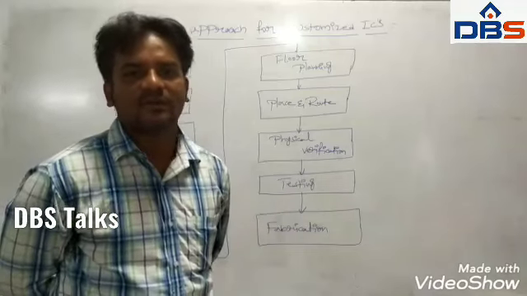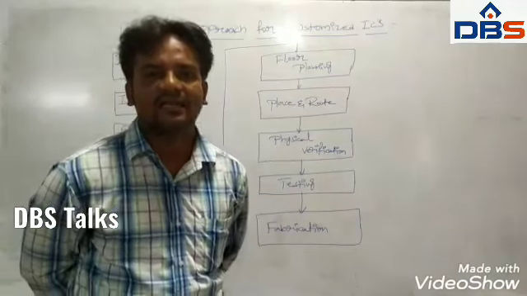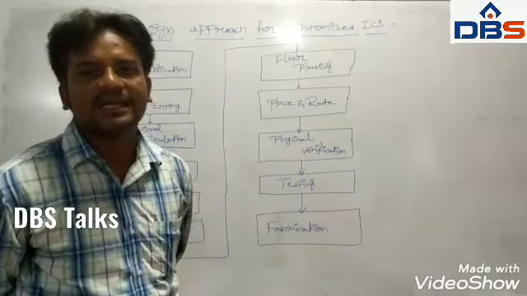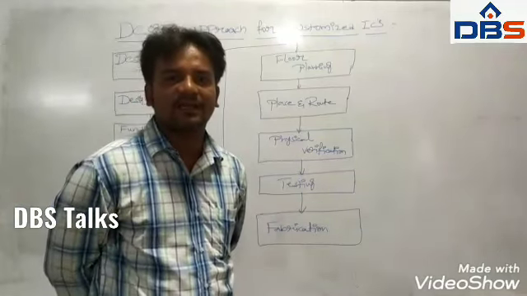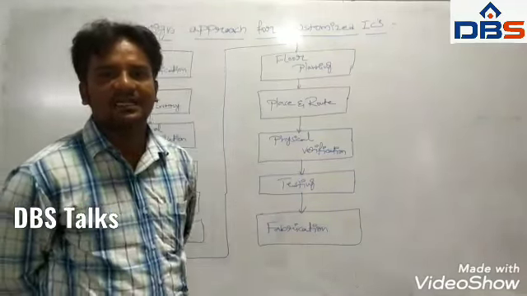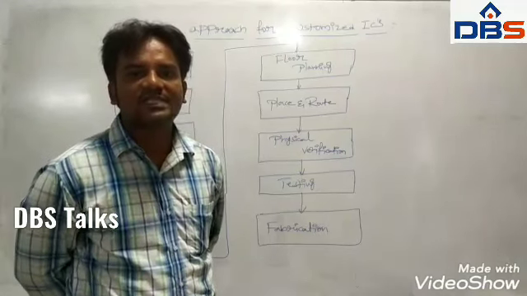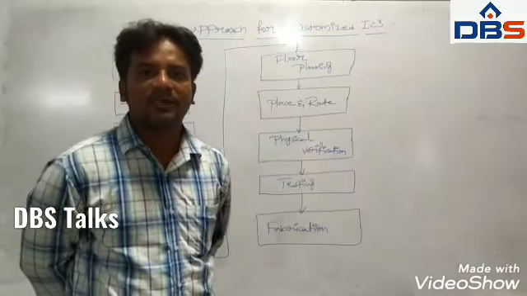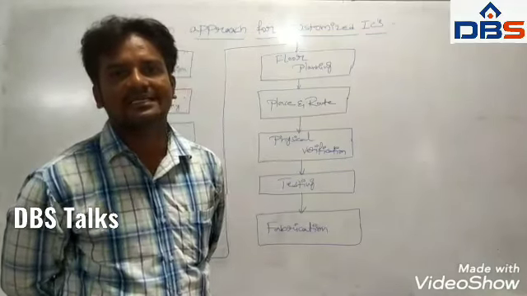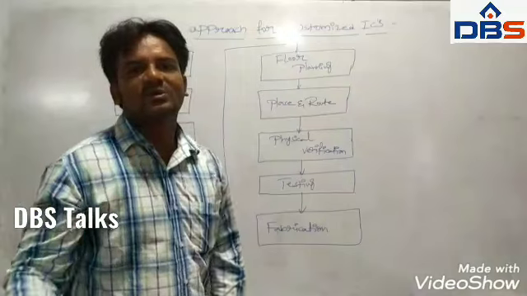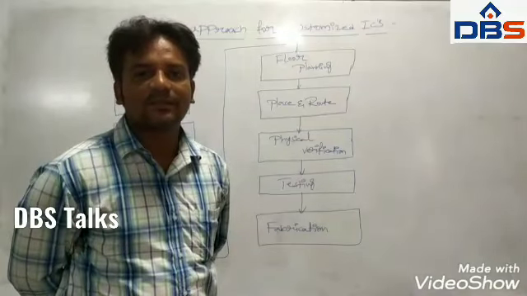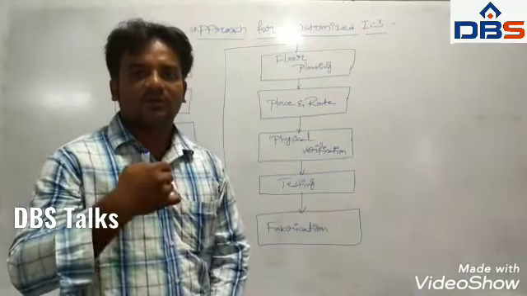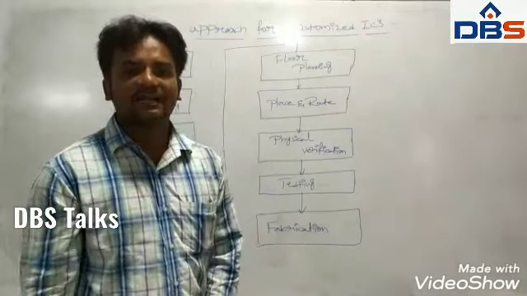For that, we have to go for system design. System design is the process of implementing a desired functionality by using a set of physical components. That means whatever components are available in the market or the industry will be used to develop a desired functionality.